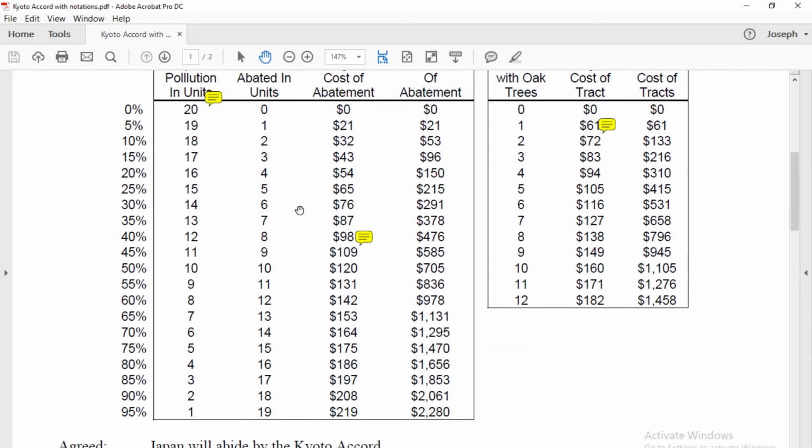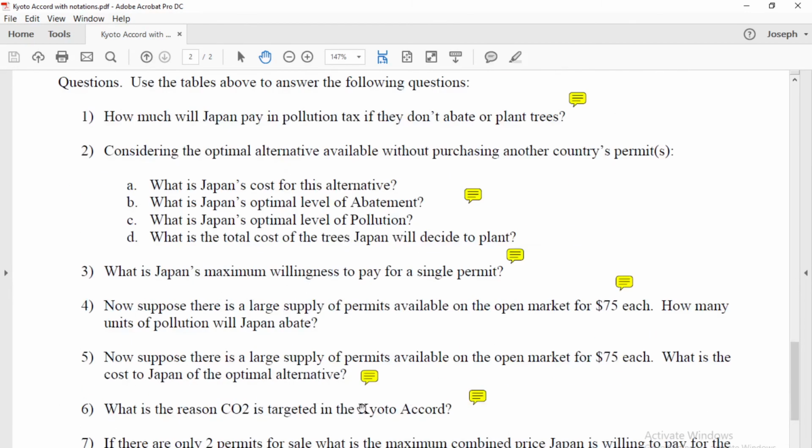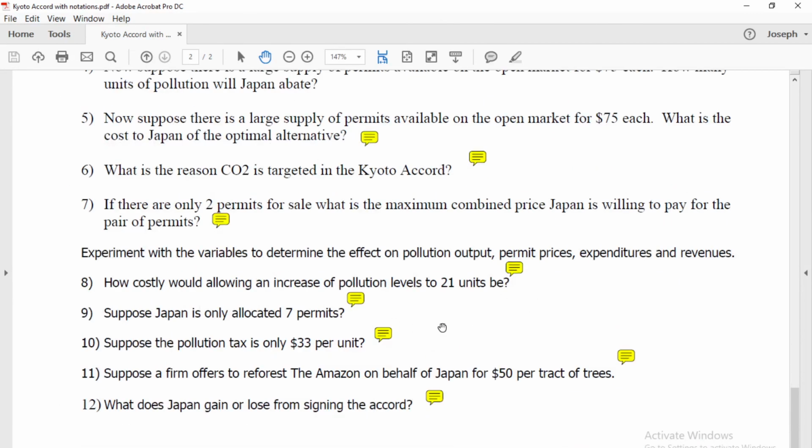And then therefore their costs would go up because the permit levels went down, but their pollution output would also reduce as well. So this is how they kind of eased things in with the design of the Kyoto Accord. They gave everyone a kind of generous pollution permit at first, and then on track to reduce the amount of permitted pollution output that they're allowed to do, or not allowing it to grow.